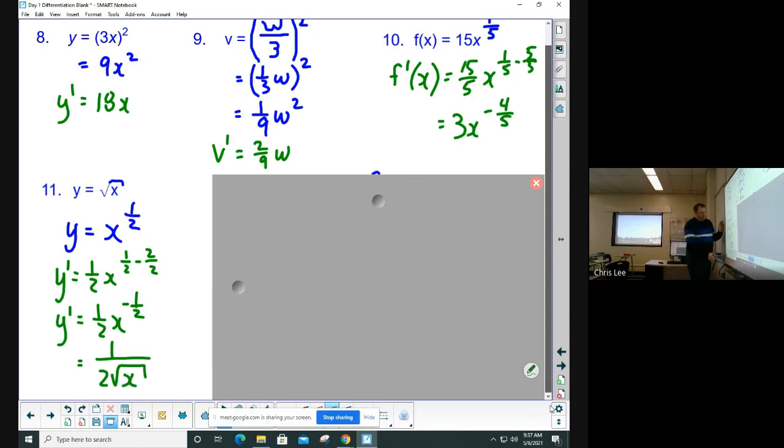The 1/2 part comes from the 1/2 in the coefficient, and the 1/2 in the exponent tells me the square root, and the negative tells me to put it on the bottom. All right, so that's where all of that's coming from. But I'm fine if you leave it as that answer.